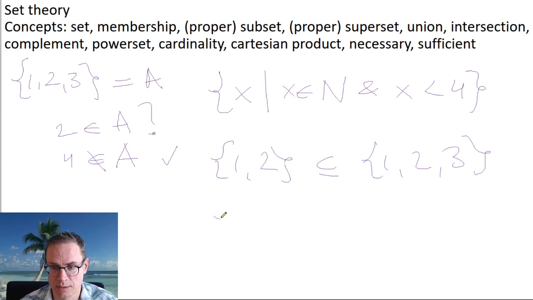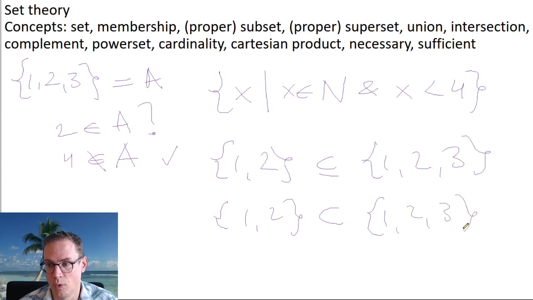But it is not a proper subset of 1 and 2 and 3. But the set 1 and 2 is a proper subset of the set 1 and 2 and 3, because all the members in the former are in the latter, and some elements in the latter are not in the former. And when it comes to superset, we have the same concepts: proper superset and superset.